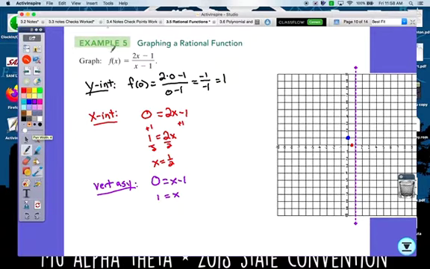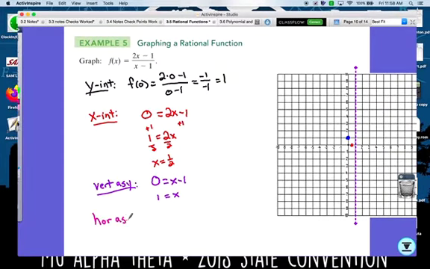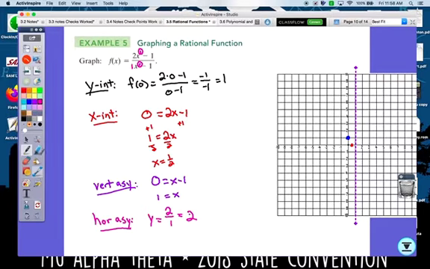For the horizontal asymptote, we look at the degrees. The highest exponent on top is 1, and the highest exponent on bottom is 1, so we take their coefficients. y is equal to the 2 on top and the understood 1 on bottom, so y is equal to 2 is our horizontal asymptote.